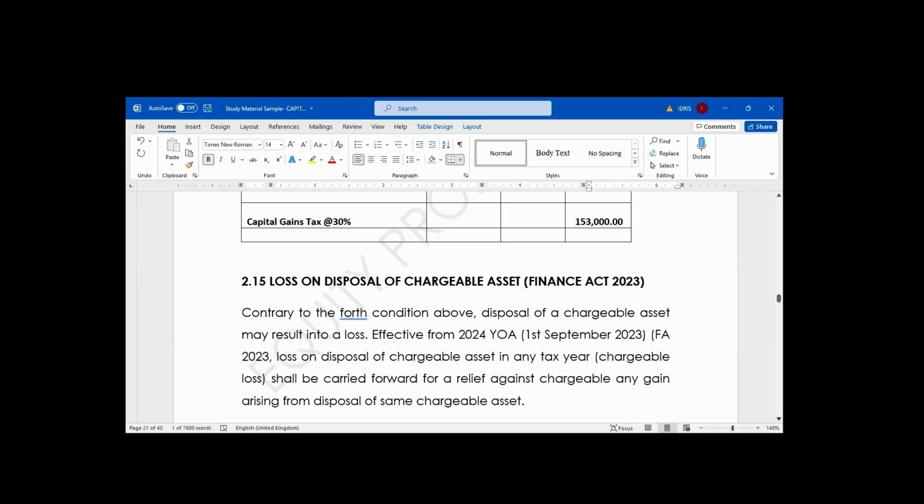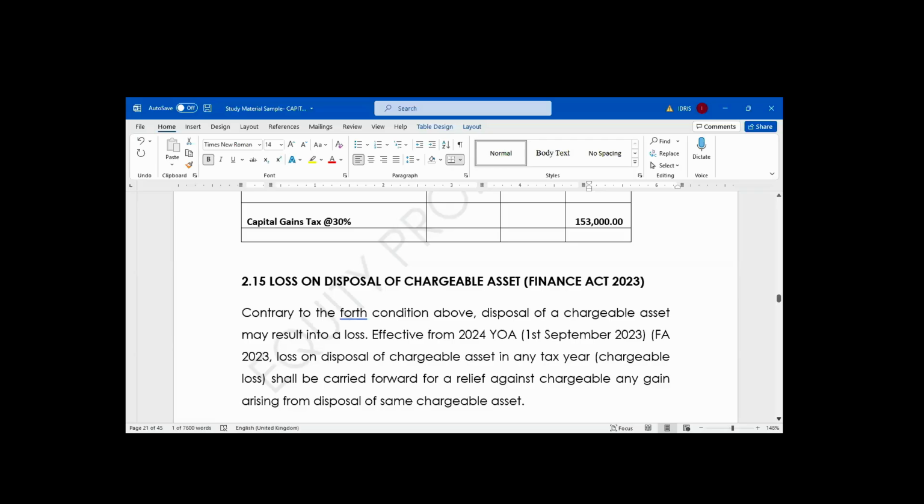This capital loss, when you make a loss, capital loss, are you going to pay tax? No. But Finance Act 2023 brought some changes to the treatment of capital loss.